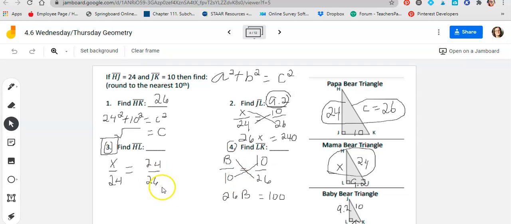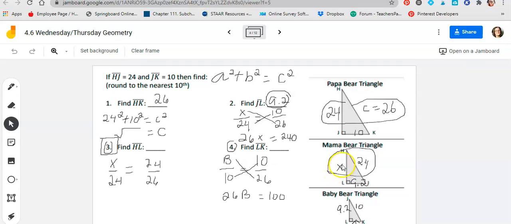So the way to set these up, I'm not going to actually finish them, but you should be able to do it once you've got it set up. So to find HL, you could have used Pythagorean theorem, but because you rounded 9.2, it would not be a good idea to use Pythagorean theorem. So it'd be better to use a proportion.